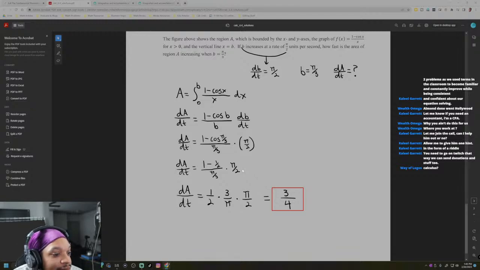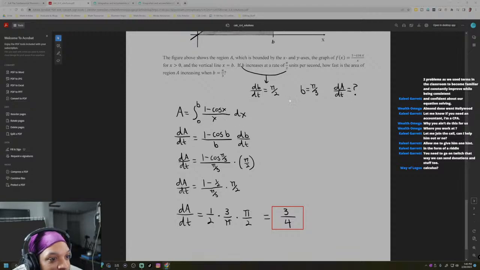I got it right. Okay, so what did they do? Looks so organized. So I see what they did. 1 minus cosine of B over B. And then, okay, so they did exactly what I did.